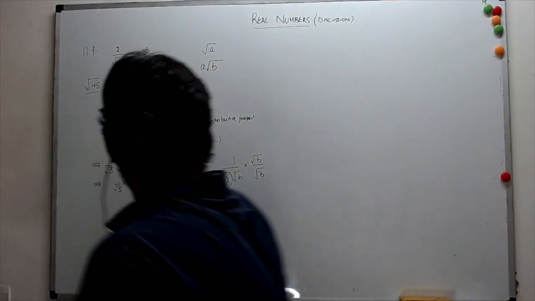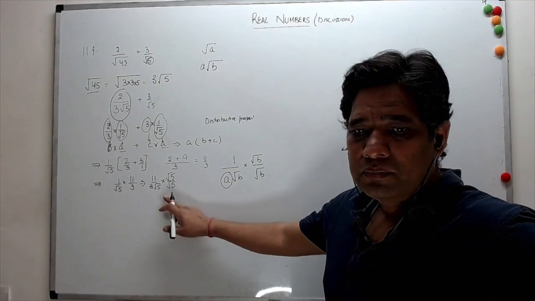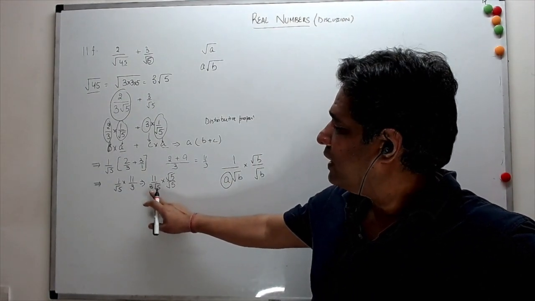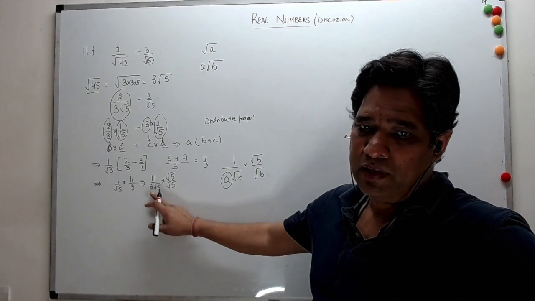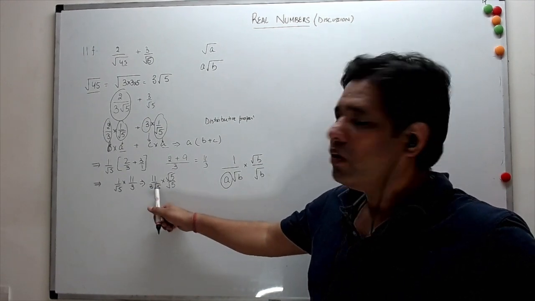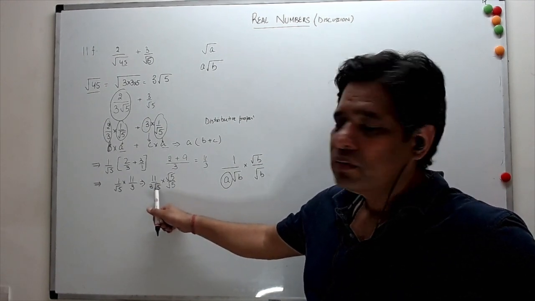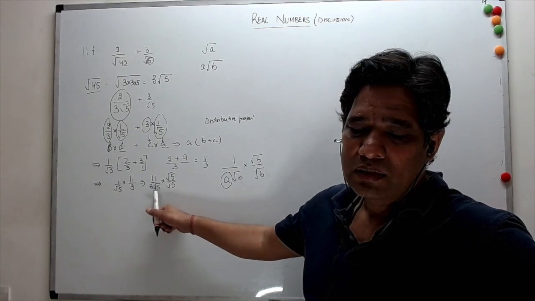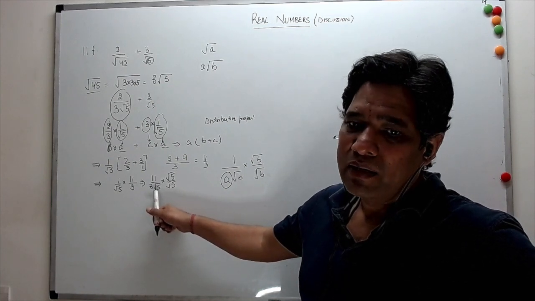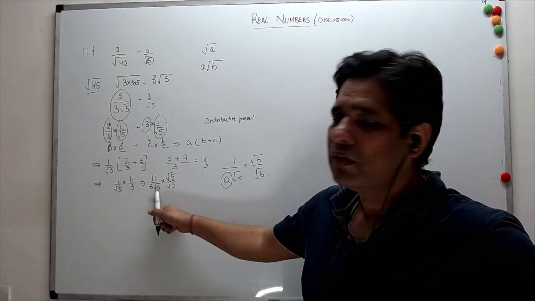So you don't need to multiply and divide with 3 root 5, by the way, as I told you, because all we care to do is we want to rationalize the irrational component here, which is root of 5.